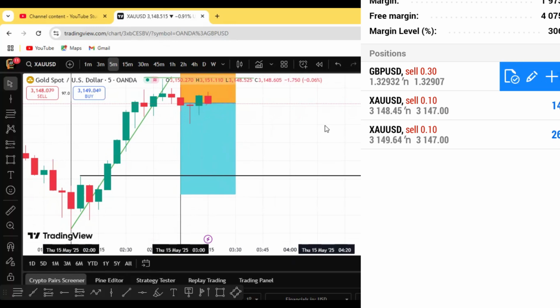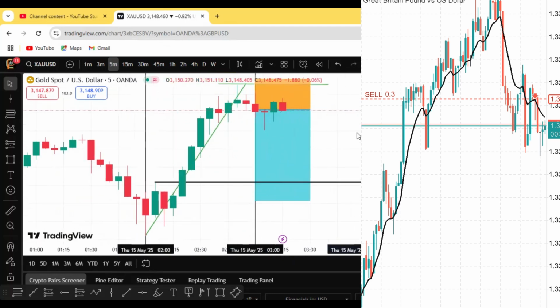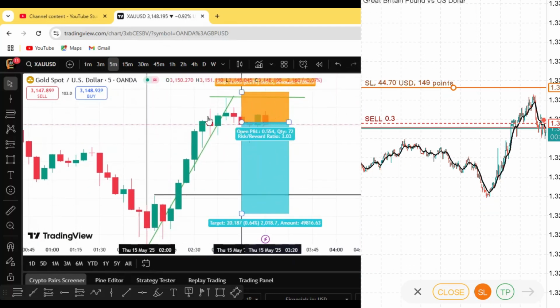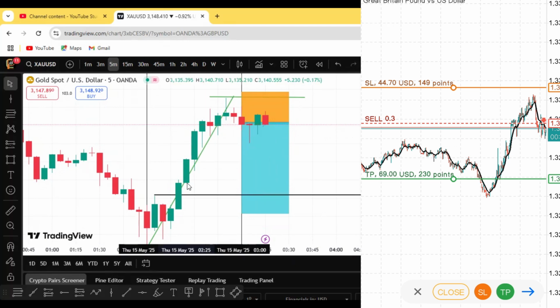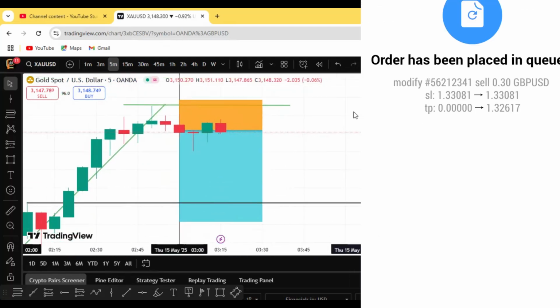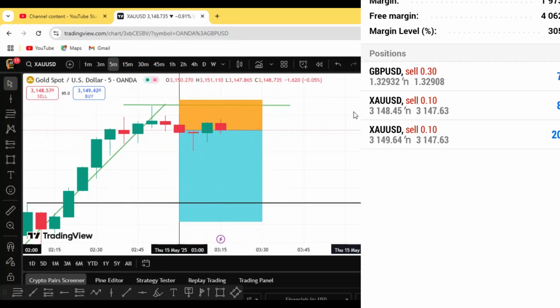Okay, nice push down. Beautiful one. Now this candle closing is going to be very significant, the 5-minute. The same with GBPUSD. The 5-minute candle closure is going to be very, very important.